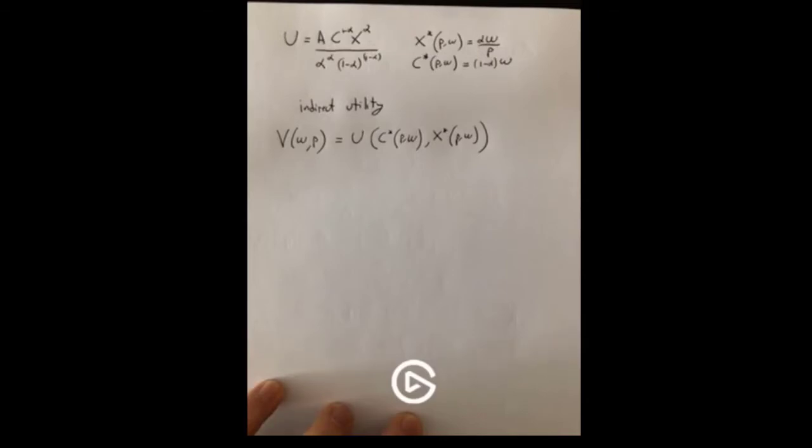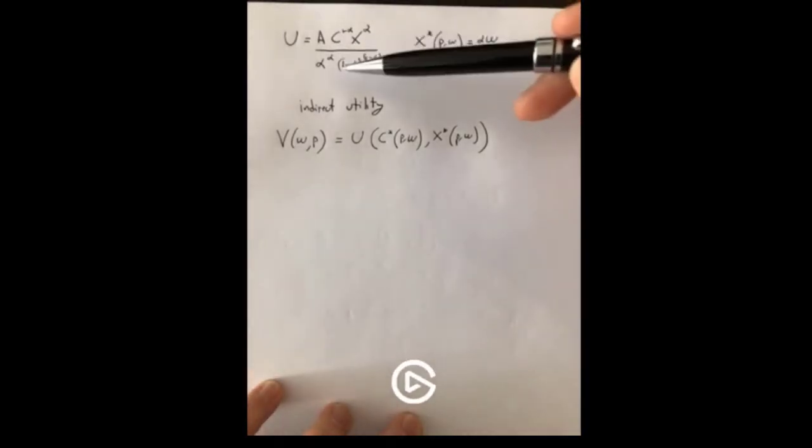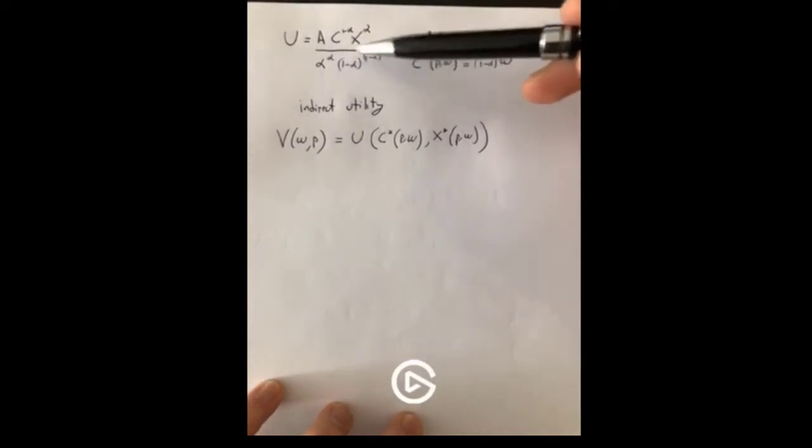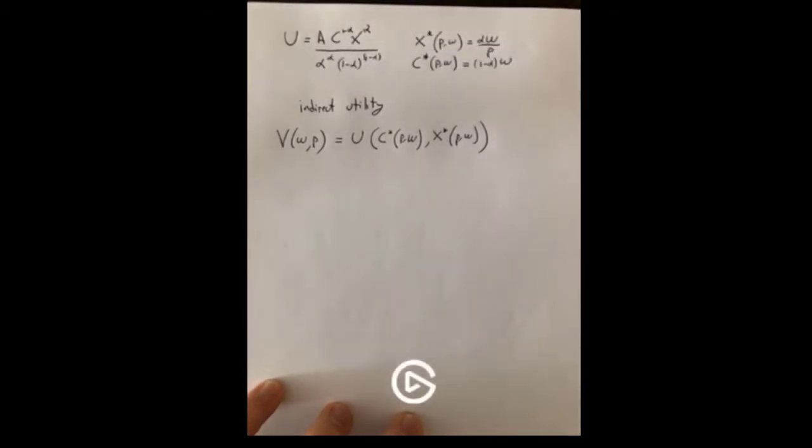As you will see, this indirect utility function is going to be a very tractable and simple formula. And the fact that we're working on the indirect utility function explains why the main utility, the direct basic utility here, has all these alphas down here. Those are non-standard alphas, but are really useful to simplify a lot when I move to the indirect utility. So what is the indirect utility in this particular setup?